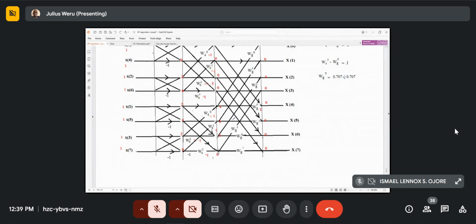You see, it's just that DFT works very easily. For the FFT, you need an even number of samples, because this is radix 2.